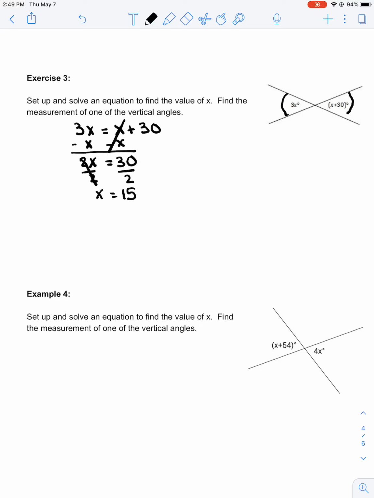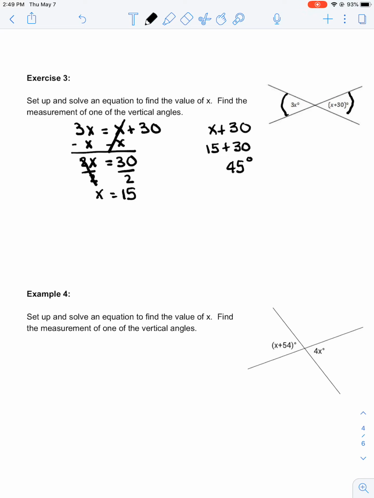So here, it doesn't matter what you want to do, whichever is easier for you. I'm just going to take the x plus 30, replace 15, and add 30 to it. So the measurement of one of the angles is 45 degrees.